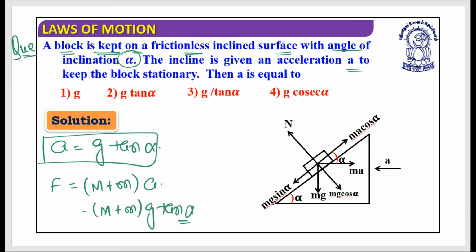What we are supposed to do is push it with a certain force F, so that there is no relative motion of the small block m on the wedge having mass capital M. For this you need to apply a force F equal to (M plus m) into A, and that A would be equal to g tan alpha.